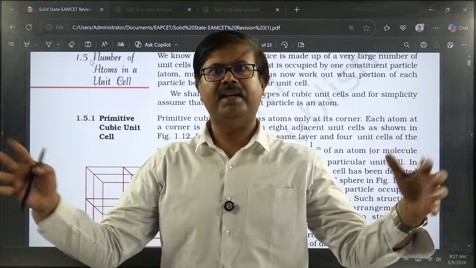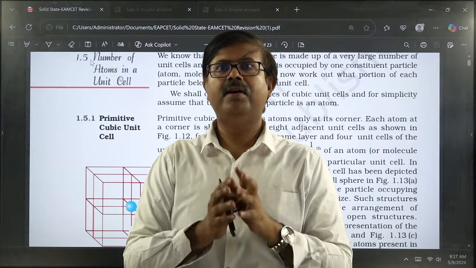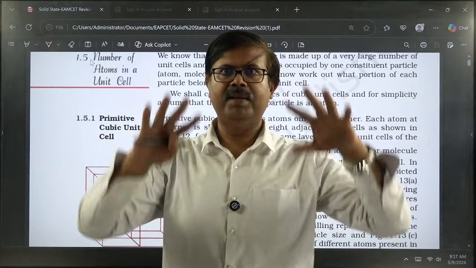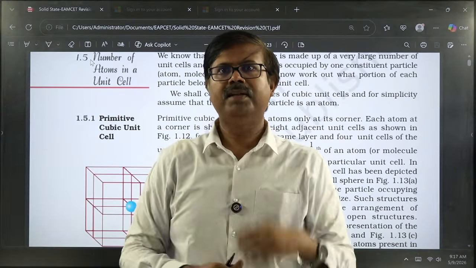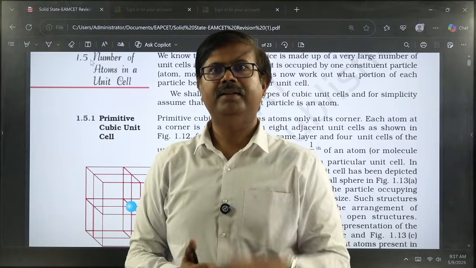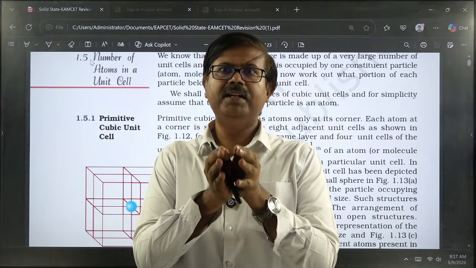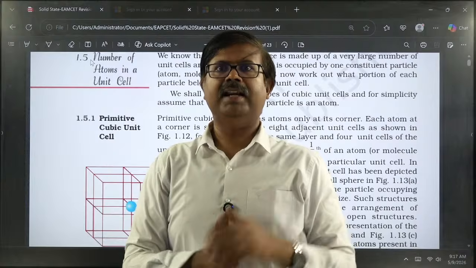Each room in that building is called a unit cell. So a unit cell is the smallest repetitive unit which creates the entire crystal lattice.